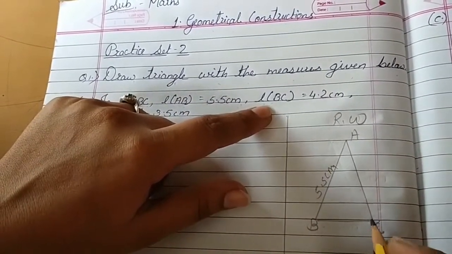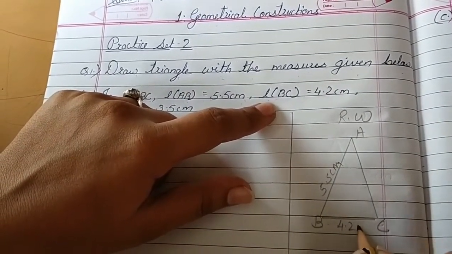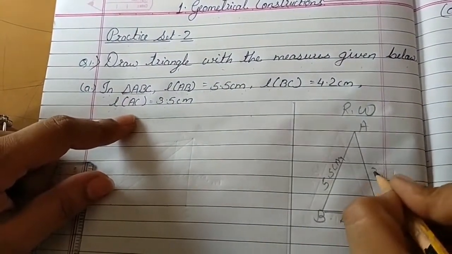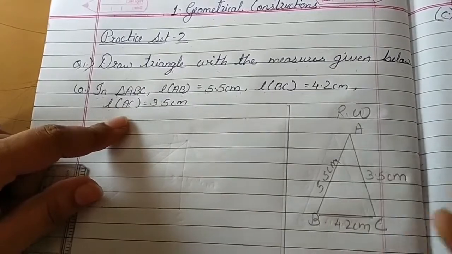Length of BC is equal to 4.2 centimeters. Length of AC is equal to 3.5 centimeters. Now I will show you a rough diagram of triangle ABC. Now length of AB is 5.5 centimeters, length of BC is 4.2 centimeters, and length of AC is 3.5 centimeters.